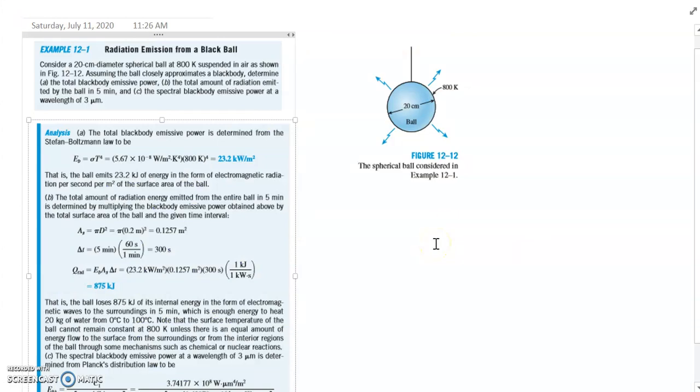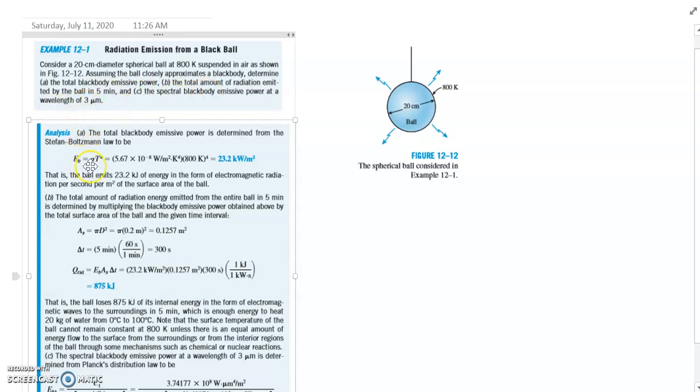Let's look at example 12.1. Consider a 20 cm diameter spherical ball at 800 K suspended in air as shown in figure 12.12. Assuming the ball closely approximates a black body, determine A, the total blackbody emissive power, B, the total amount of radiation emitted by the ball in 5 minutes, and C, the spectral blackbody emissive power at a wavelength of 3 micrometer.